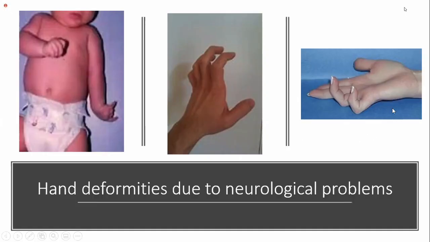And because of that you get hyperextension at the metacarpophalangeal joint and flexion at the proximal interphalangeal joint.